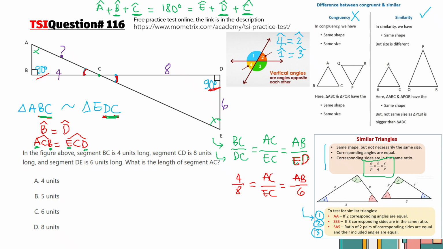So we have BC, we have DC, and our target is AC. We want this one.